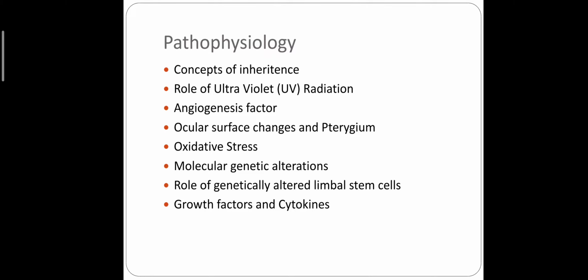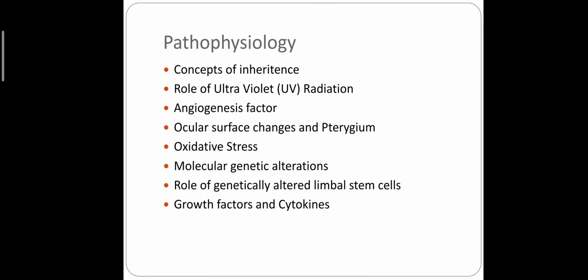Okay, and you know the limbal stem cells, any stem cells, are responsible for healing. They are responsible for a proper, normal ocular surface. So if there is an epithelial defect, ideally these limbal stem cells proliferate and cover the epithelial defect. Limbal stem cell deficiency is again a separate topic, but one thing you have to remember is that the main pathophysiology of pterygium is ultraviolet radiation causing damage or genetic alteration in the limbal stem cells.